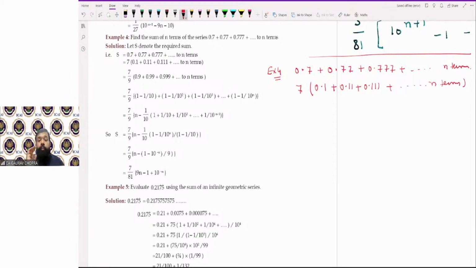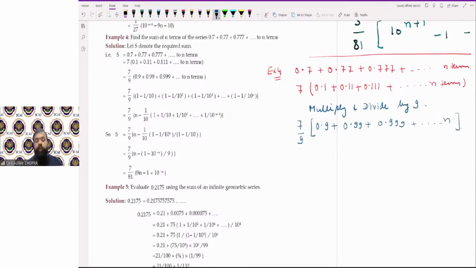Now 0.111 ये जब भी आता है आपको नेक्स्ट स्टेप में क्या करना है, मल्टीप्लाई एंड डिवाइड बाय 9. फिक्स है, ऑलवेज इस पैटर्न में क्या करेंगे, मल्टीप्लाई एंड डिवाइड बाय 9. 9 से आप मल्टीप्लाई करेंगे तो 7 अपॉन 9 देन मल्टीप्लाई बाय 0.9 प्लस 0.99 प्लस 0.999 एंड सो ऑन अप टू n टर्म्स. ओके. ये भी हो चुका है.